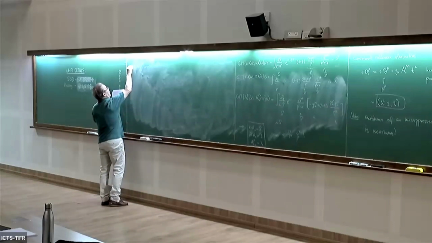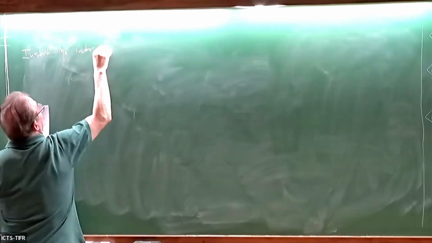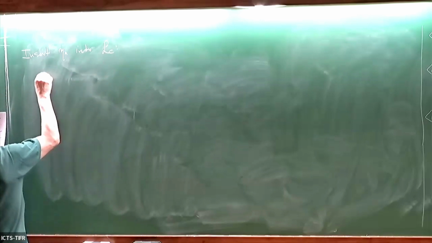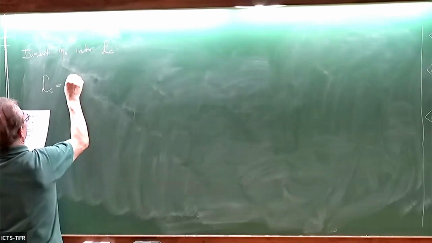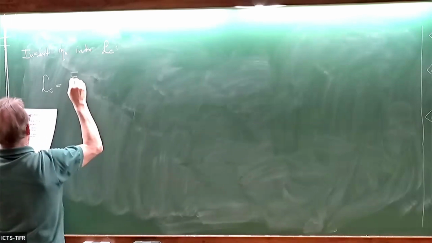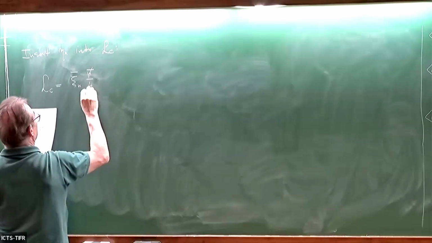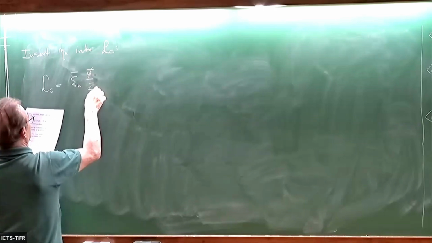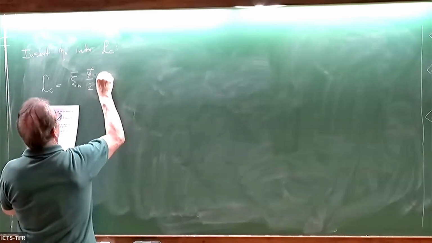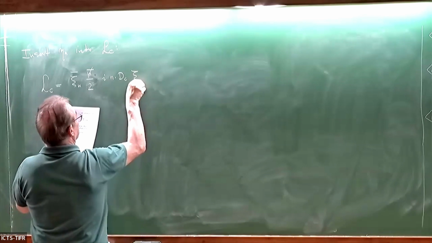So if I insert eta into L_C, I get the following expression for the purely collinear Lagrangian. It's exact at order lambda to the 4. I get xi bar n slash over 2 i n dot D_c xi.